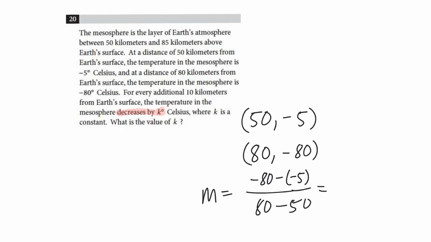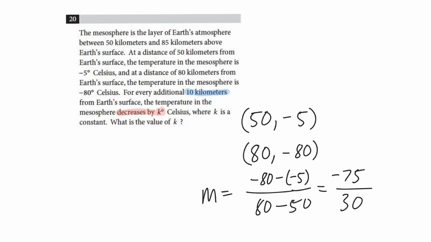Okay, so negative 80 minus negative 5, that's going to be negative 75, and 80 minus 50 is going to be 30. Okay, and we're looking for the rate of change over 10 kilometers.